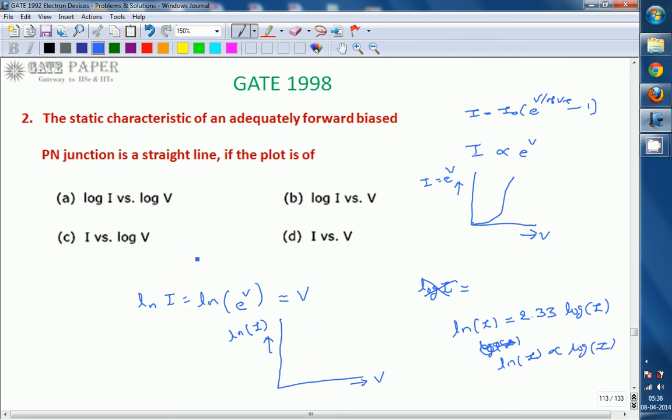So if the plot is between ln I versus V, we can get linear characteristics.